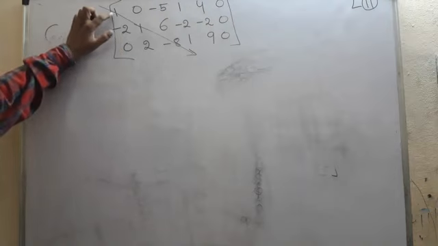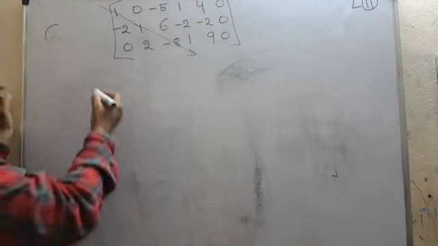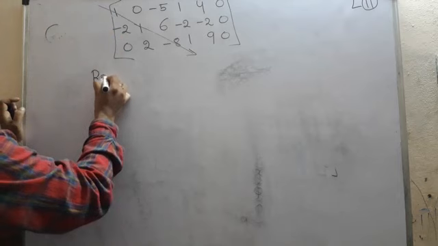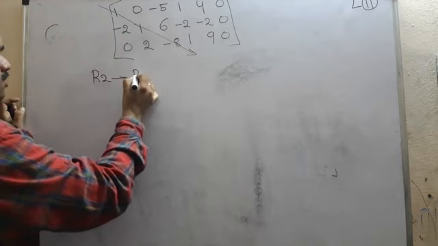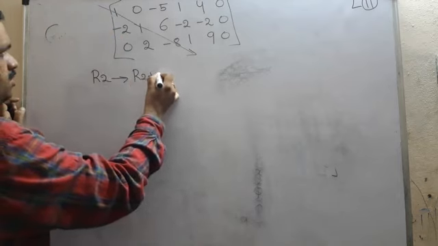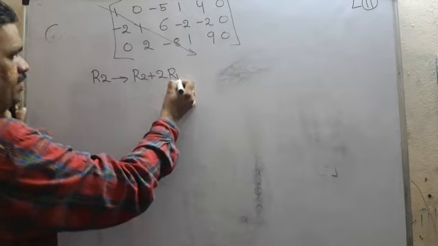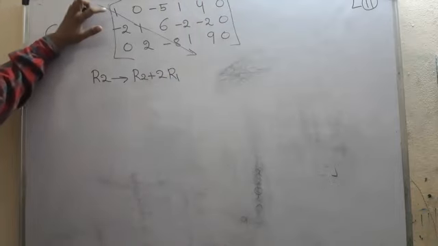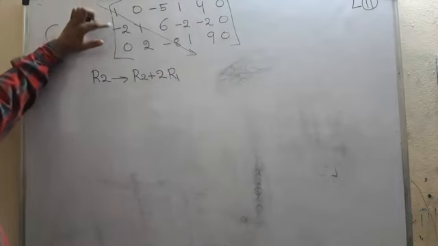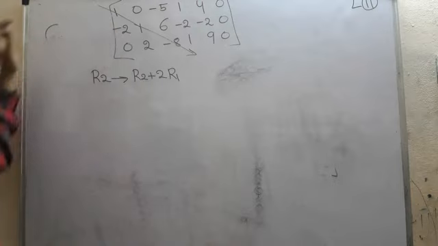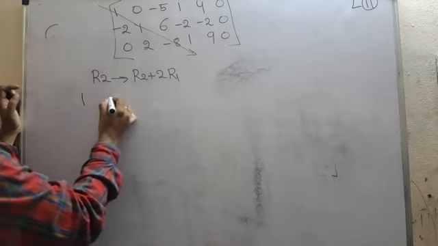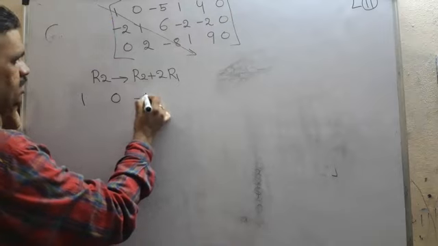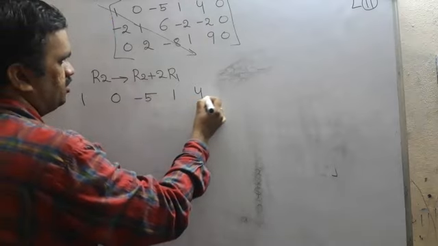So R2 becomes R2 plus 2 times R1. Minus 2 plus 2 becomes 0. The first row stays as it is: 1, 0, minus 5, 1, 0.